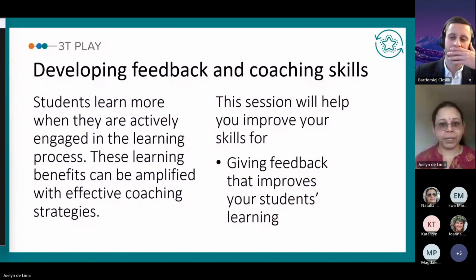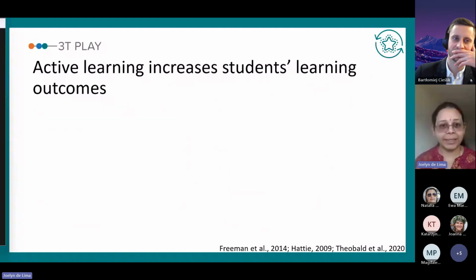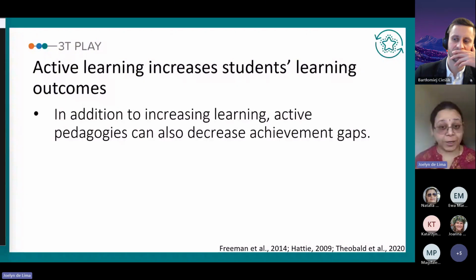Thinking about active learning, we know from lots of literature and lots of meta-analyses that active learning increases student learning outcomes. In addition to that, it can also decrease achievement gaps, that is, gaps between the low achievers and the high achievers.